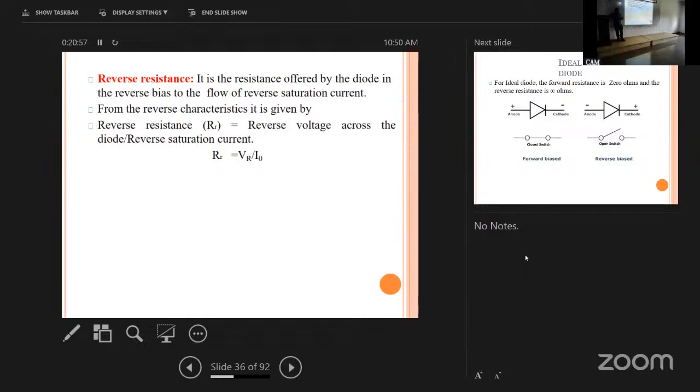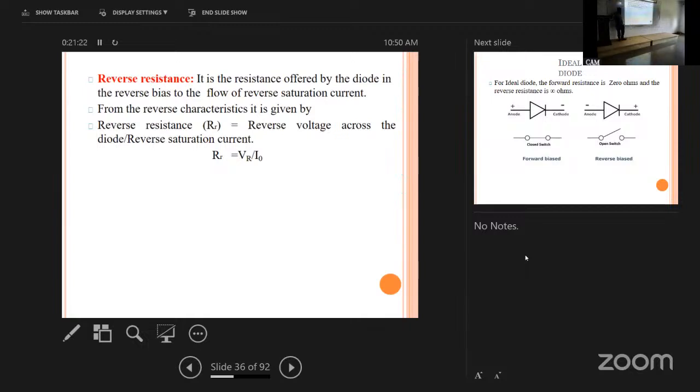So the resistance obtained in reverse bias mode, reverse voltage by reverse current, is nothing but reverse resistance. This reverse resistance is a very huge value. It is in mega ohms, 10 to the power of 6.